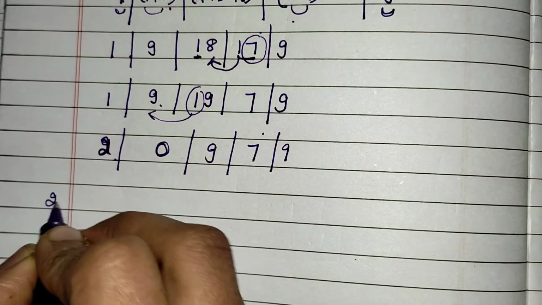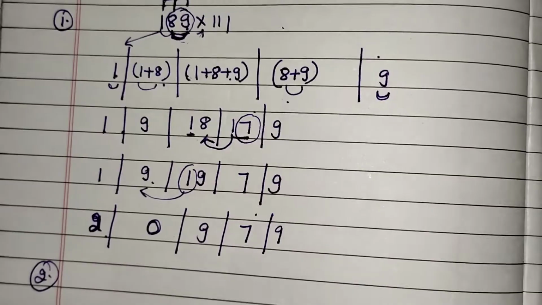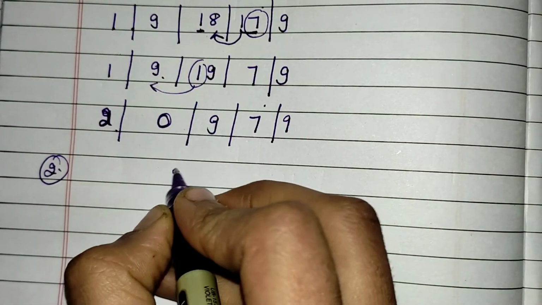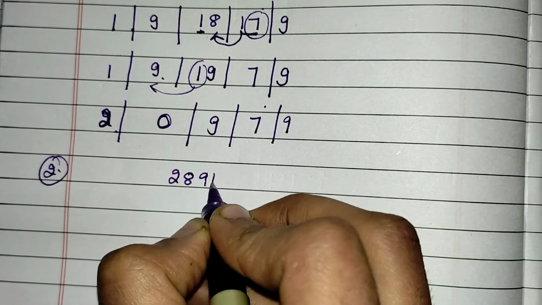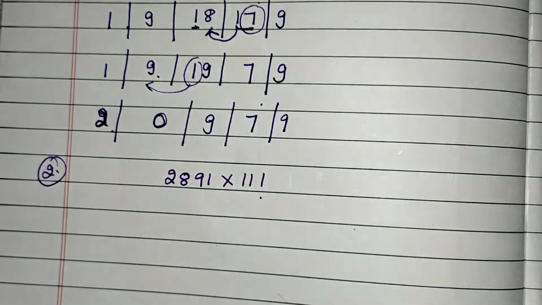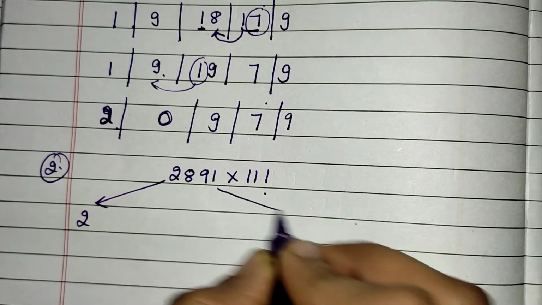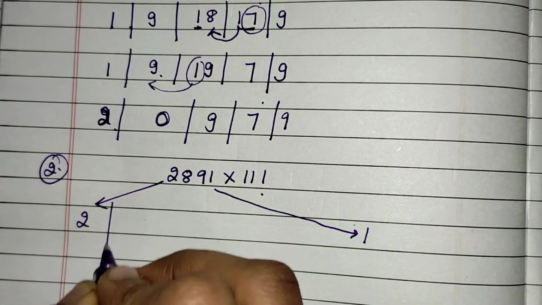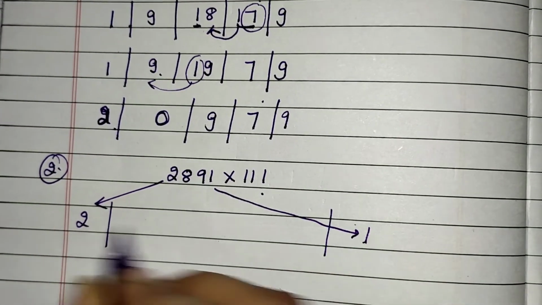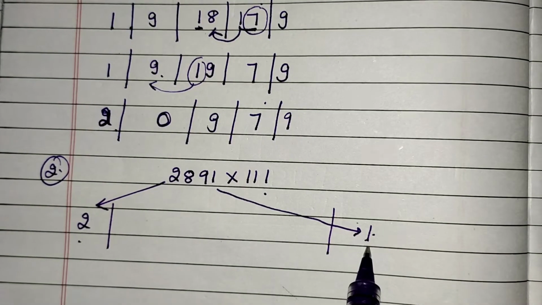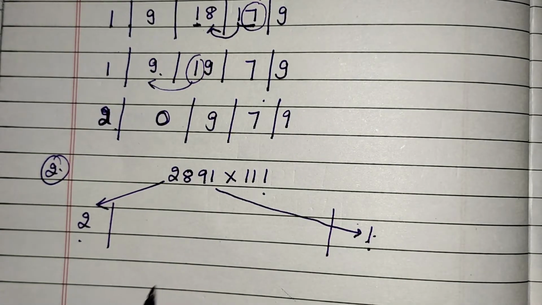Okay, let's take another example in which there will be 4 digits instead of 3 digits, right? So suppose there is a value 2891 into 111. What you will do, you will write down your first digit as it is and your last digit as it is, because this will be part of your answer, the first digit of the answer, and this will be the last digit of the answer, right?